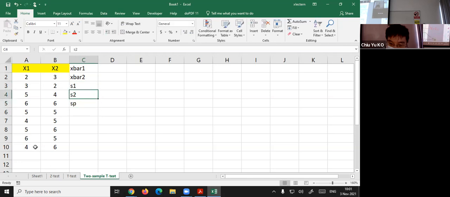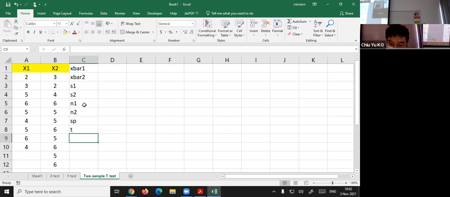Actually, we don't have the same number, so we just add more numbers here. So we need to have this, and we have N1, N2. And then we'll come up with the T.